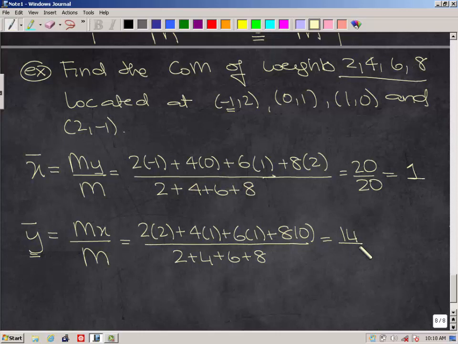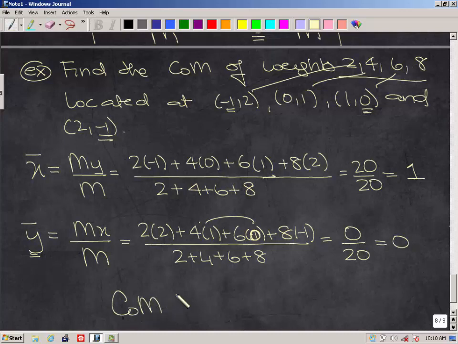The last one is -1, and 6 is at 0, so that's where I went wrong. That gives us 0 over 20, which is 0. So the center of mass for this example is x equals 1, y equals 0.